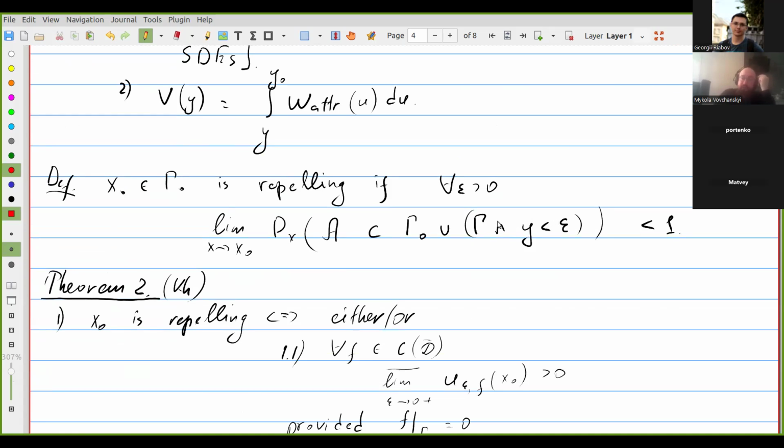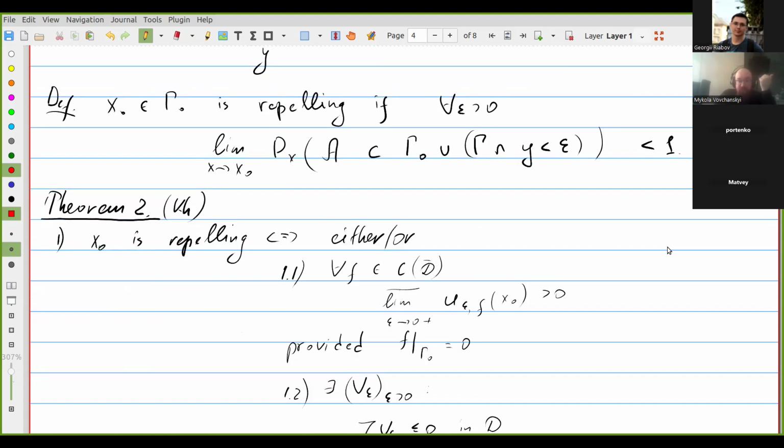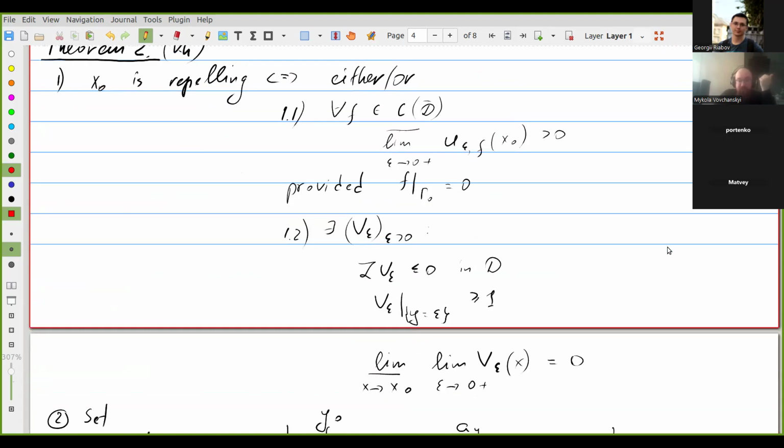The point is called repelling if the probability of trajectories being attracted is less than 1. Again, one can formulate two conditions: one in the form of a sequence of solutions in subdomains, or in the form of a family of barriers of this form that still satisfy some good subharmonic condition.